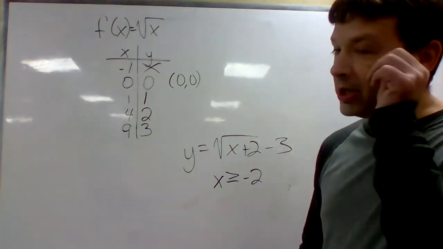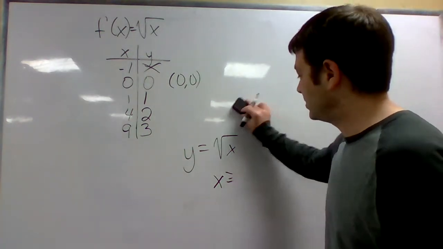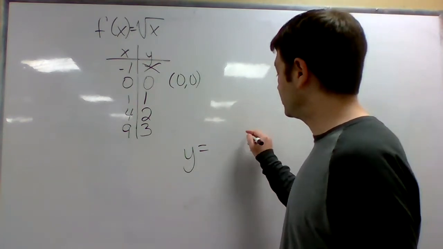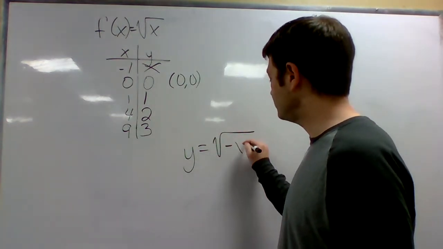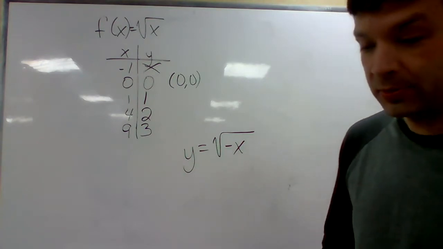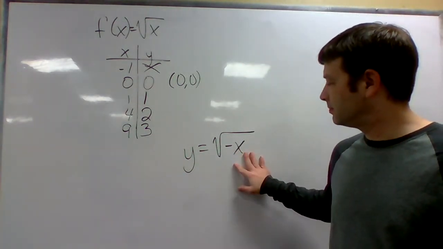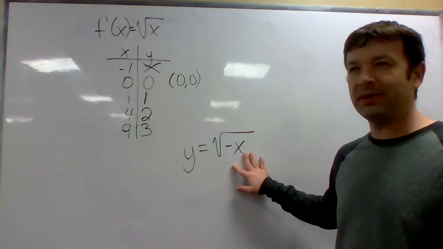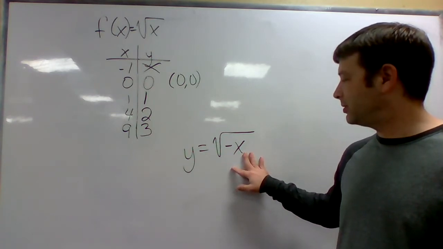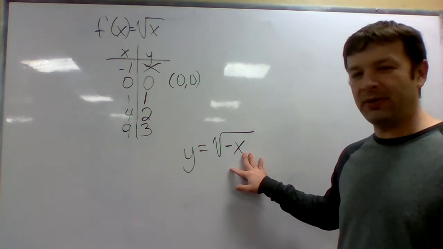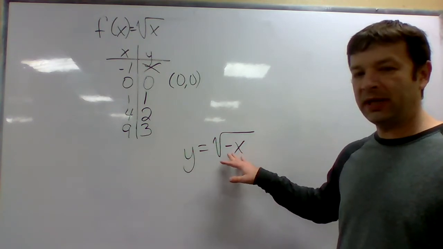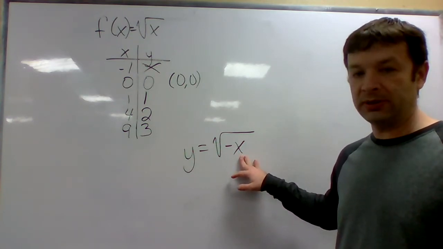Okay. Number 8 is weird because they put a negative under the square root. I always sneak one weird one in on me. And that's going to change things a little bit. If I plugged in 0, -0 is just 0, that would work. 0 is fine.